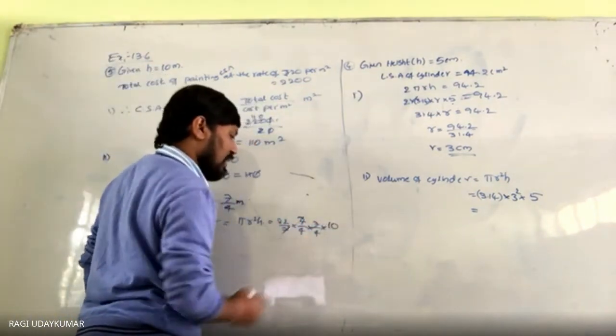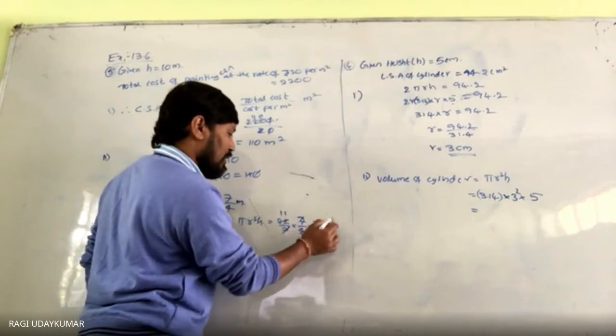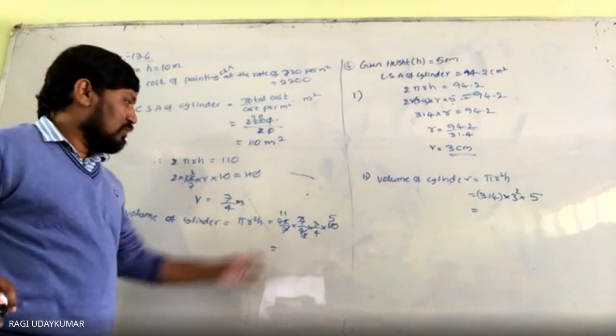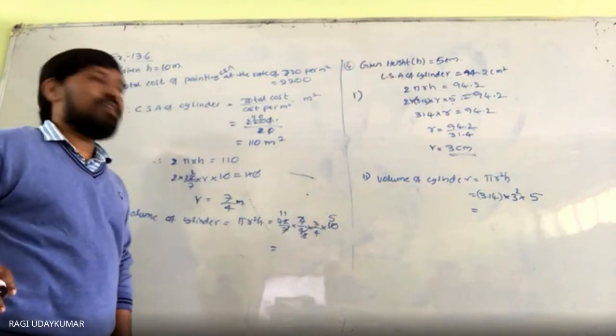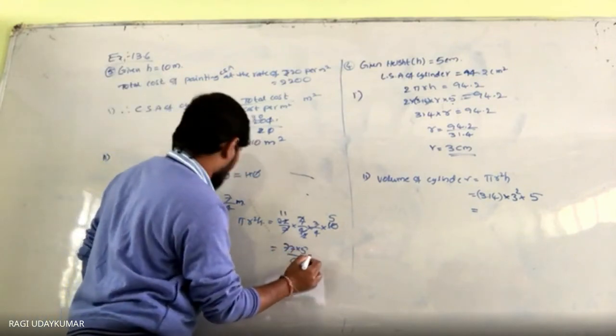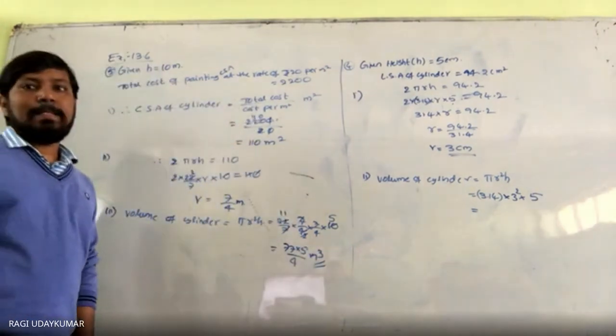So 7 will get cancelled. There is 77 into 5 by 4, the unit is meter cube. Okay, you can simplify it.